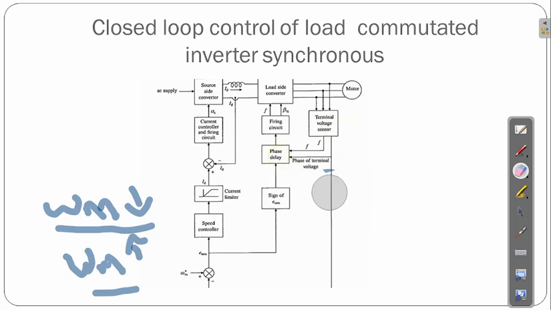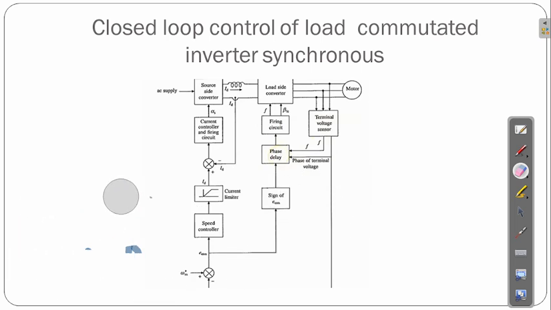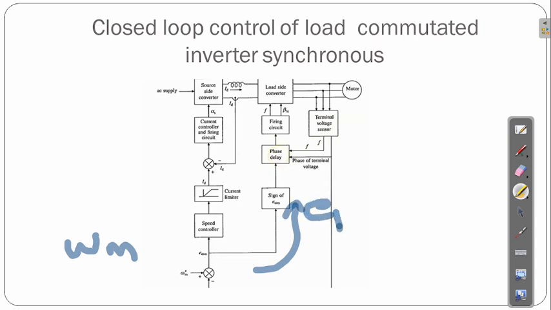If there is an increase in speed, that is, omega m increases and the speed error increases, the sign E omega m will have a positive sign because the speed is increased.